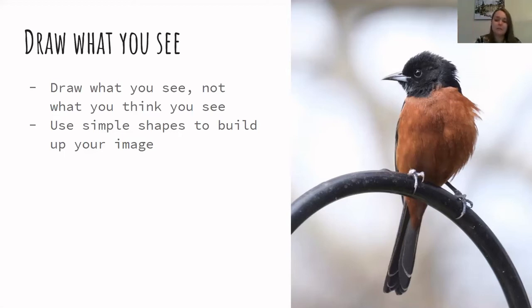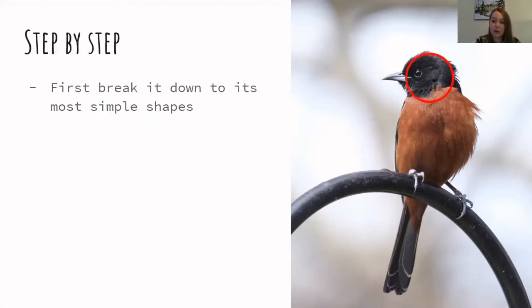Okay? So to start with, again, I like to start with the head because they're pretty important to the animal, and I'm going to draw a circle there. Okay? And in your little handouts, you have a box. If you'd like, you can make it the exact same size as the picture.